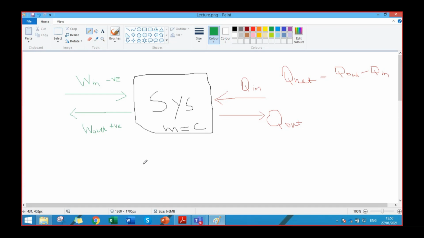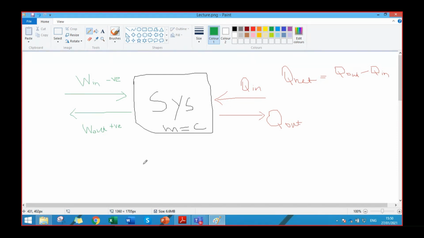Okay, sir. At the end, whatever result you get will tell us what is happening. You need to supply the work to the system or you will be getting work out from the system. You need to supply heat to the system or the system will be releasing heat into the environment. Clear? Yes, sir. Because literature has its set of conventions. Literature has defined that we take heat in as positive and heat out as negative.